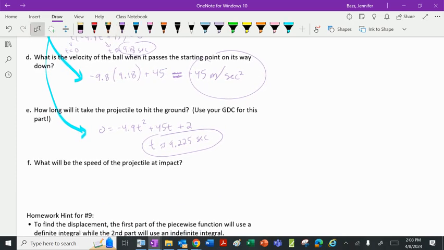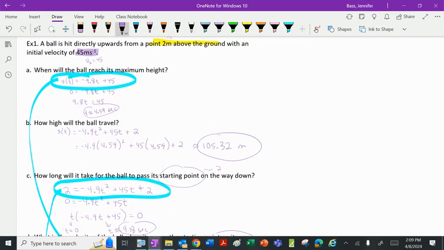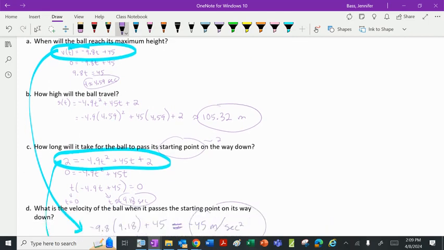And then F, what is the speed of the projectile at impact? Well, the speed is your velocity at that point, but it's the absolute value of your velocity at that point, because velocity indicates direction, speed does not. So we're looking for the absolute value of the velocity function, which is the first one that we circled, negative 9.8 t plus 45.